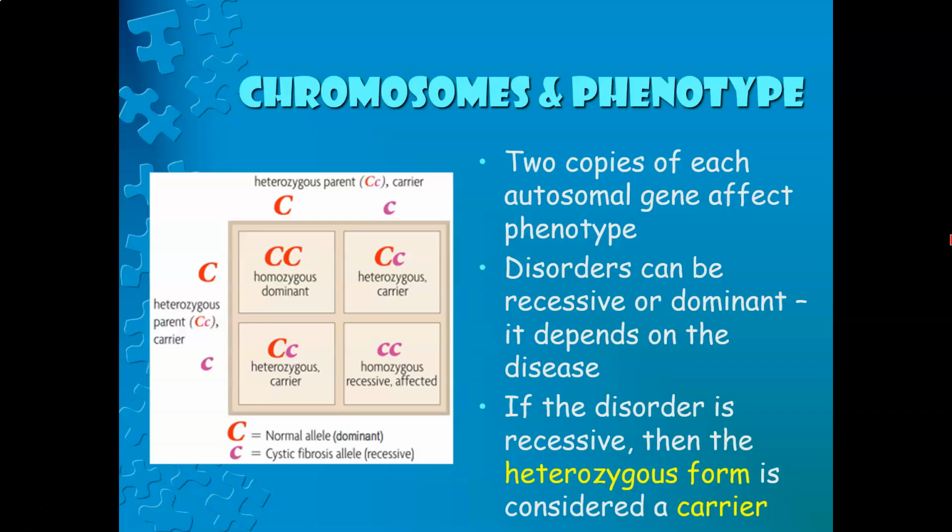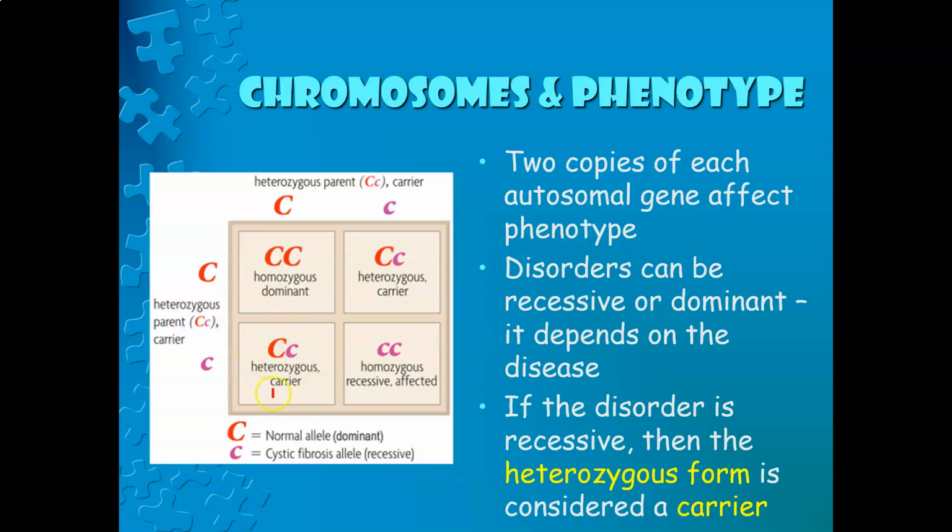Another point I want to make here, though, before we close this chapter of genetics, is that if a disease or a disorder or any trait you want to talk about is in fact recessively inherited, then anybody who is heterozygous is what we would consider a carrier, meaning they don't show the trait, but they carry around the instructions to potentially show that disorder or show that trait.